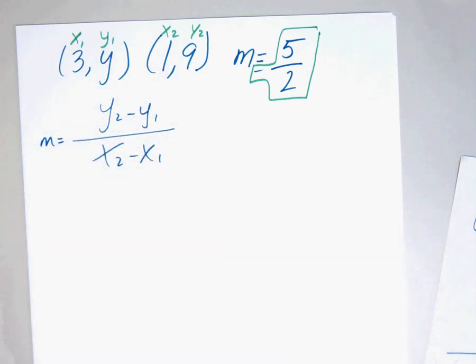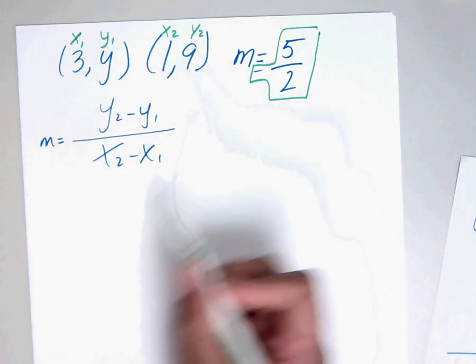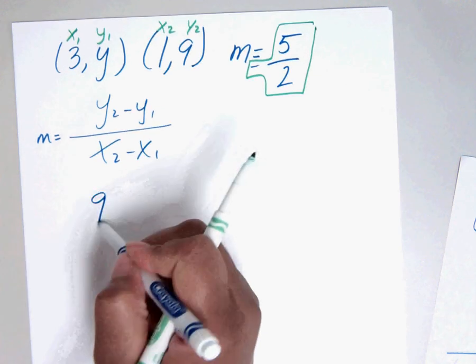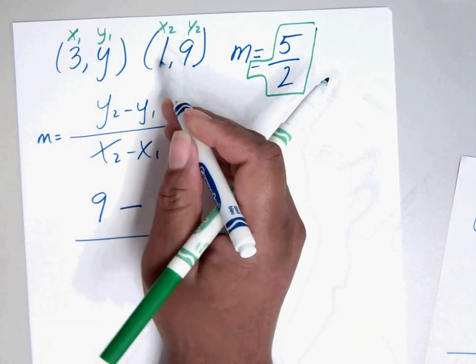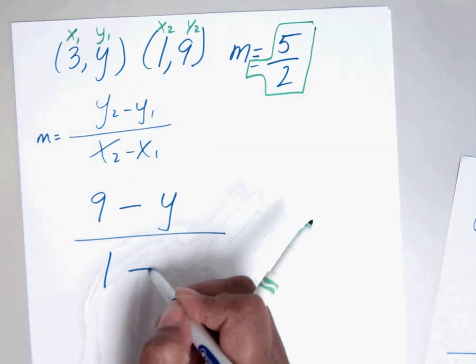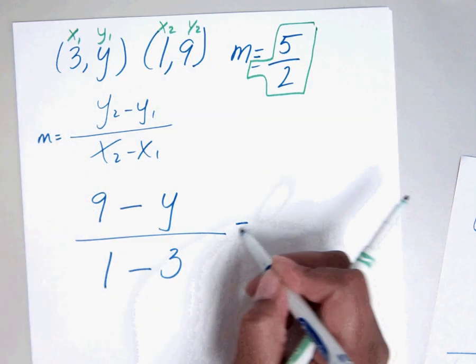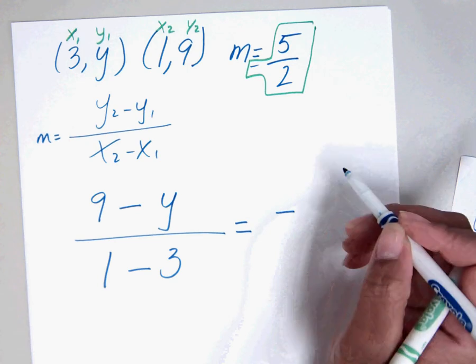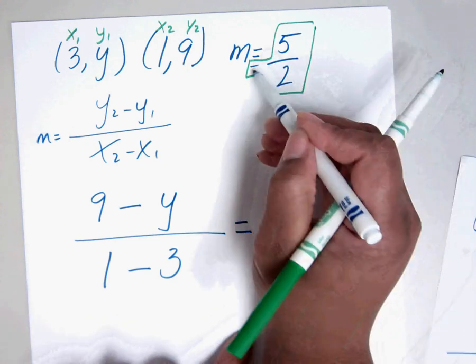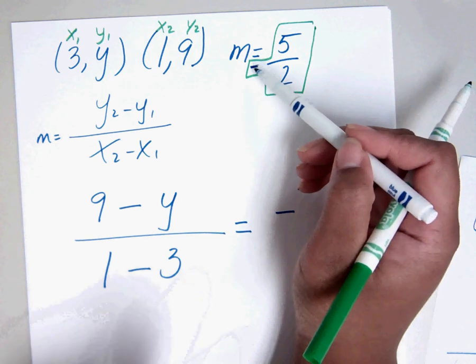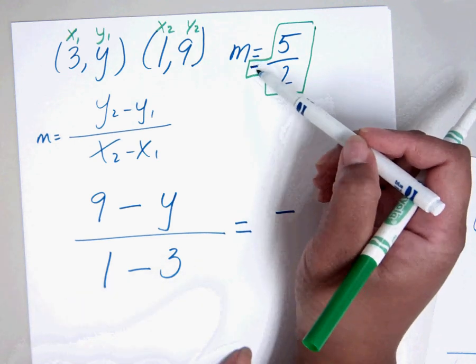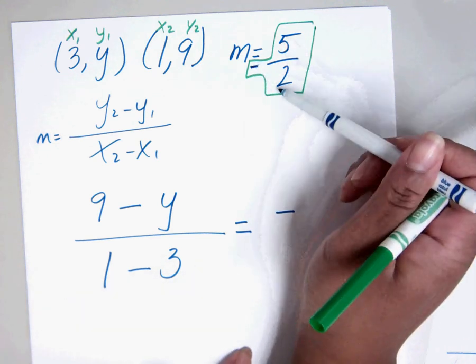Okay, now let's plug everything in. y2 goes first, y1, x2, x1. Negative. Now, let's talk about this negative in the middle. That does not mean that it belongs to the 5 and the 2.